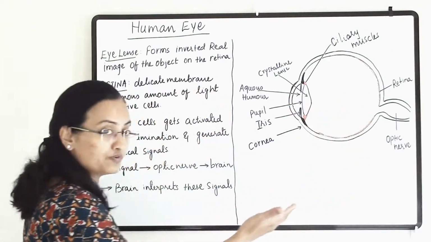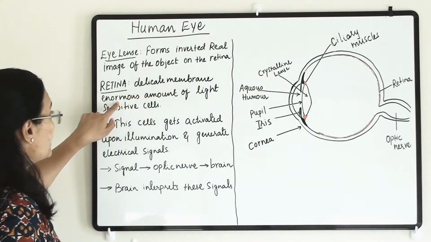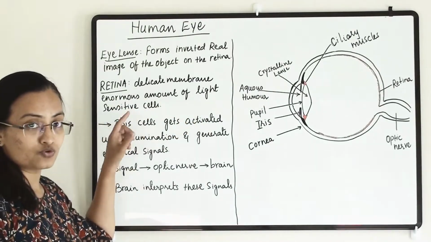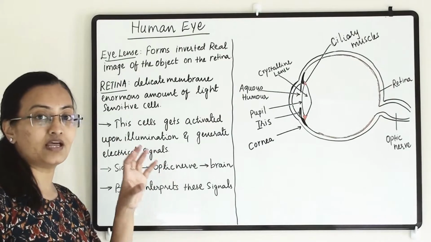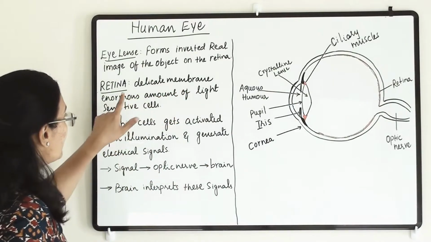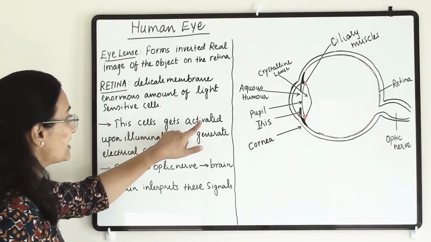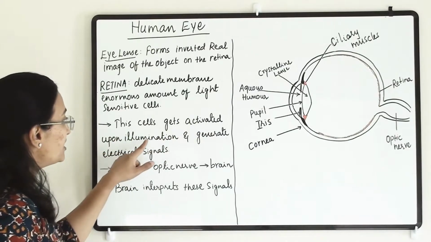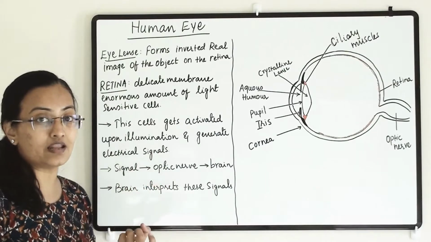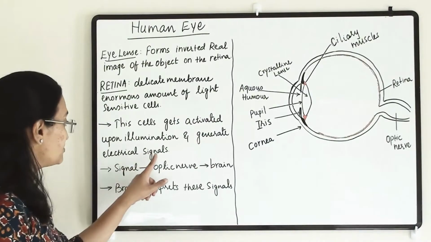Now the next function is of the retina. It is a delicate membrane and it has an enormous amount of light sensitive cells. So whenever light enters, it will be illuminated. So it is a delicate membrane having an enormous amount of light sensitive cells, and these cells get activated upon illumination and generate electric signals.